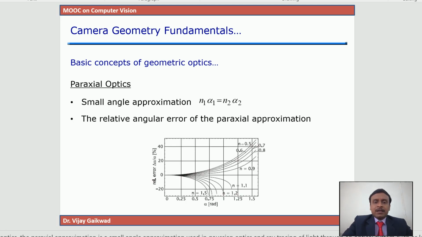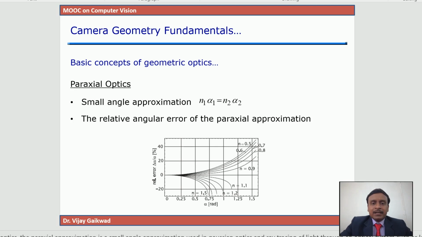There is one more concept used in camera geometry called paraxial optics. When light travels through a lens, many times the rays are traveling along the axis of the lens, especially along the optical axis or z axis.